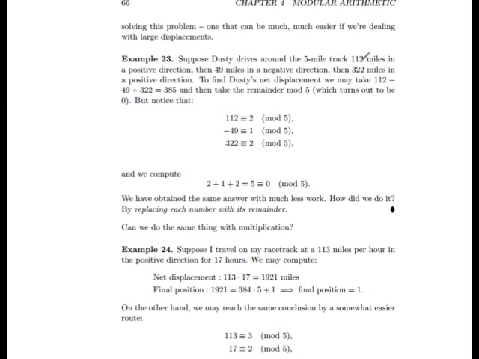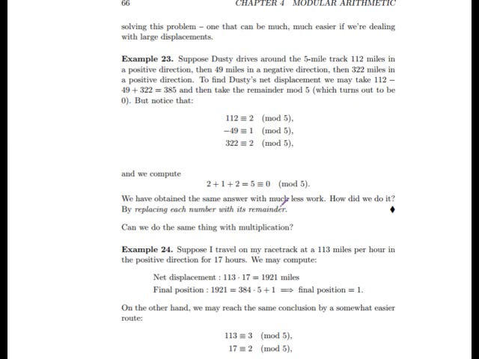Now, instead of adding up these big numbers and taking the remainder, we can simply add up the remainders and take the remainder of that, and that gives us the same answer. We actually replaced the big numbers by their remainders. So this is modular arithmetic, dealing with remainders instead of the numbers that they're equivalent to.